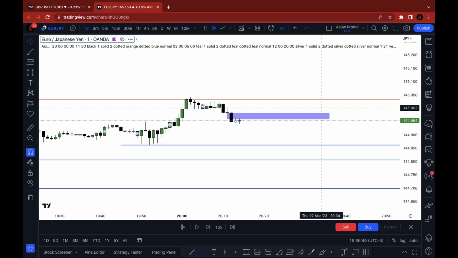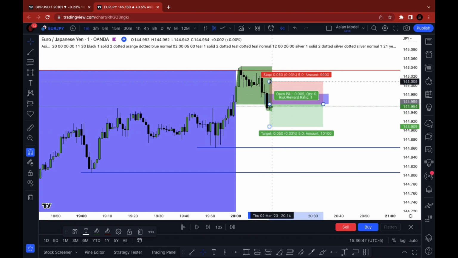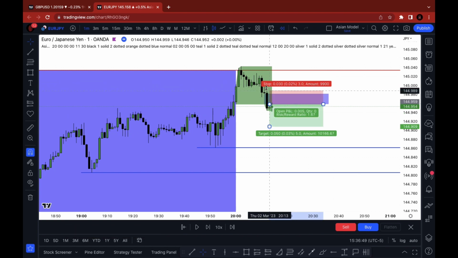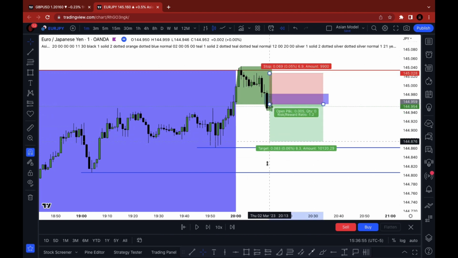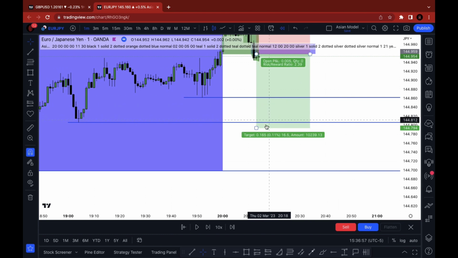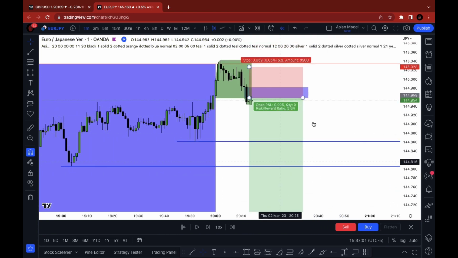Go back down to the 1 minute time frame. Hypothetically speaking, we're going short exactly in that fair value gap, and the stop loss is going to be above the candle that starts the fair value gap or the most recent swing high. Let's say we're going with the swing high. And then we're aiming down for the sell side liquidity, somewhere down here, and we'll take profits on the way down.